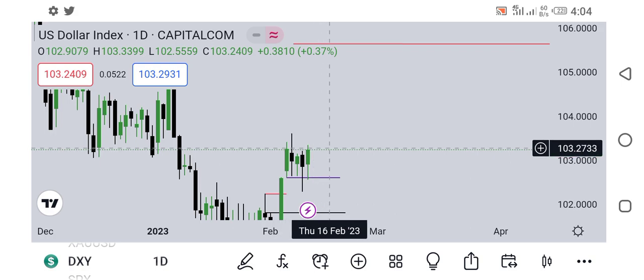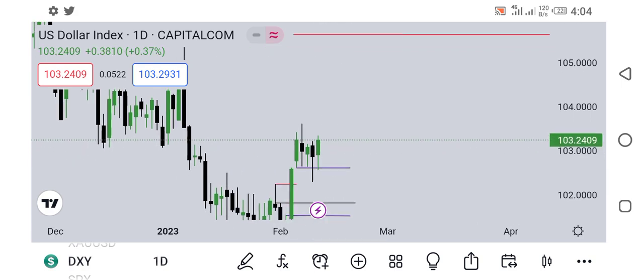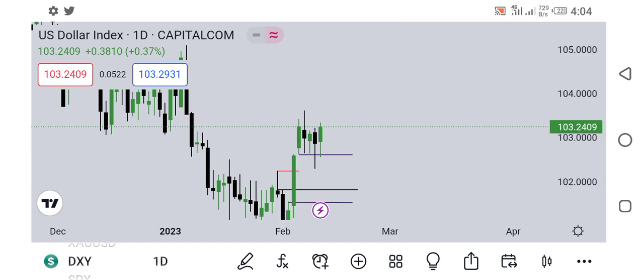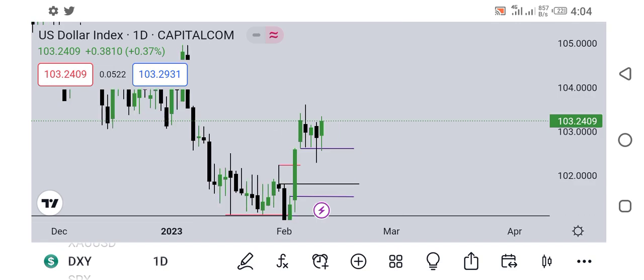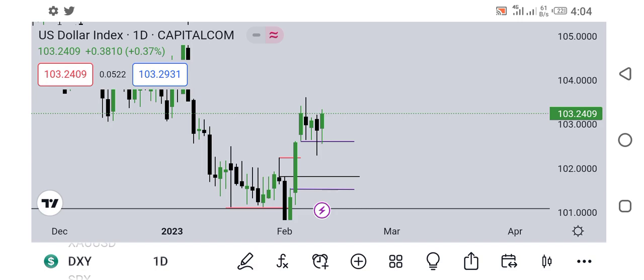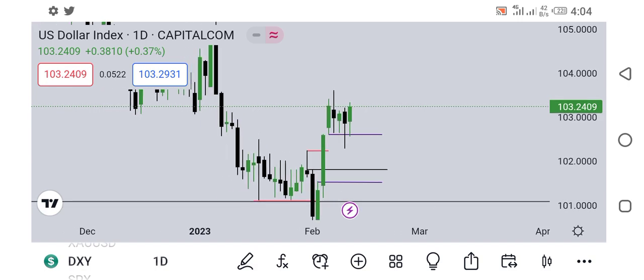Now, Monday can be an inside day. What do we mean by an inside day? It will not take out the previous day high or the previous day low. It will just be inside the range of the previous day.